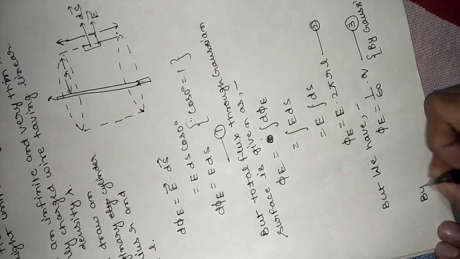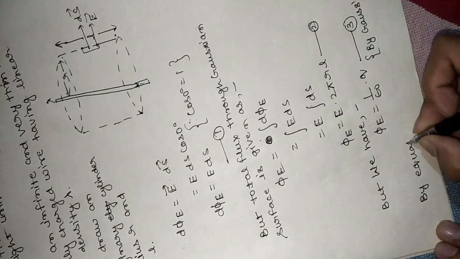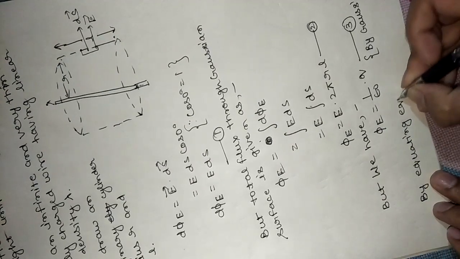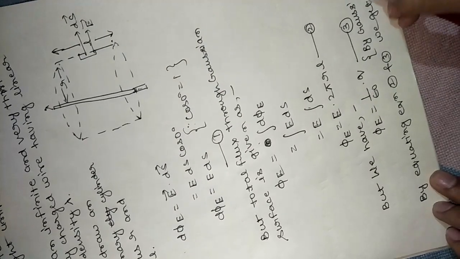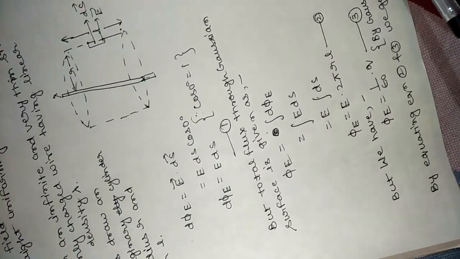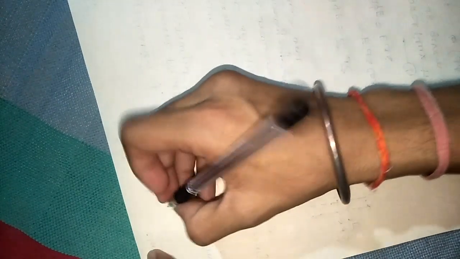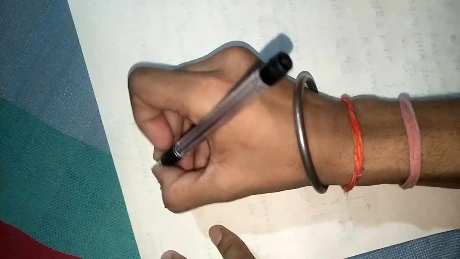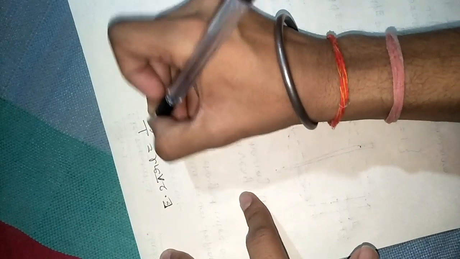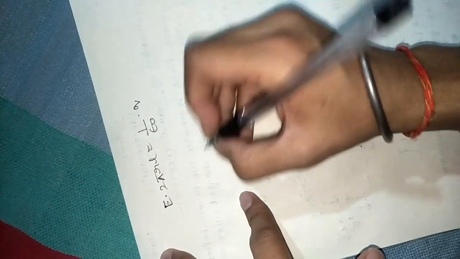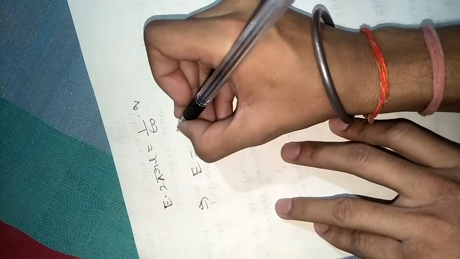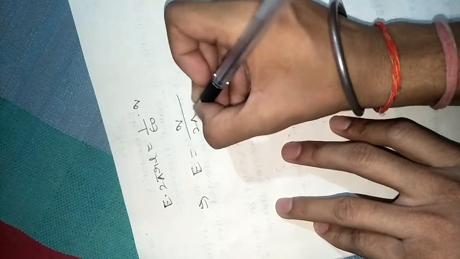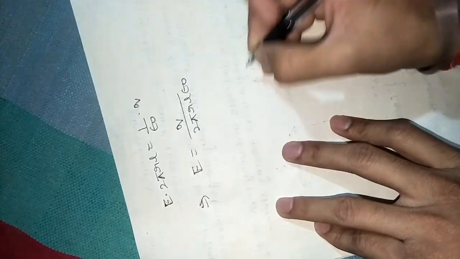By equating equations 2 and 3, we get E times 2 pi r l equal to 1 upon epsilon naught times the total charge Q. This can be written as E equals Q upon 2 pi r l epsilon naught.